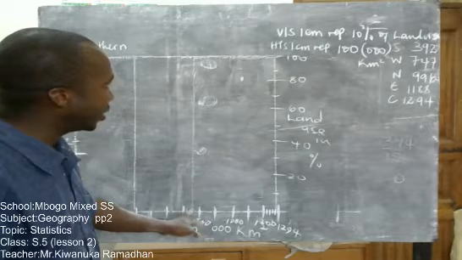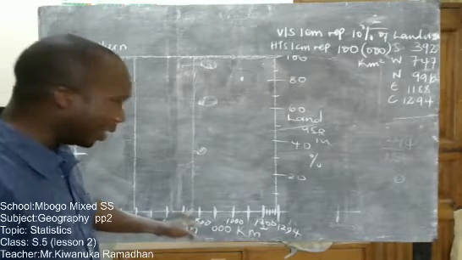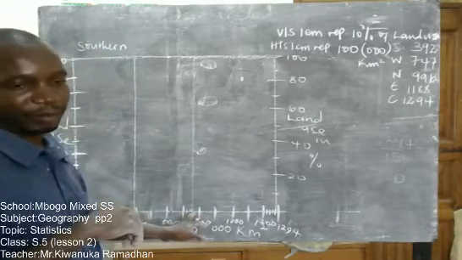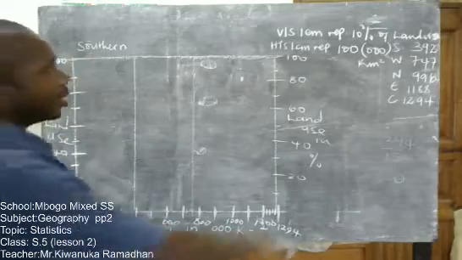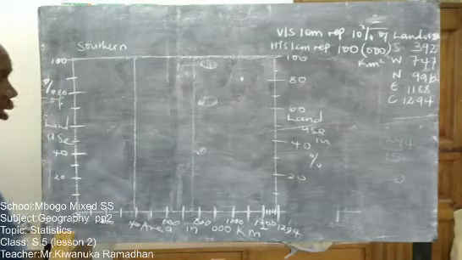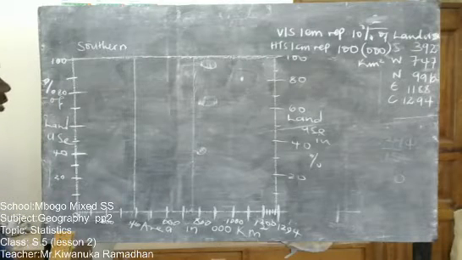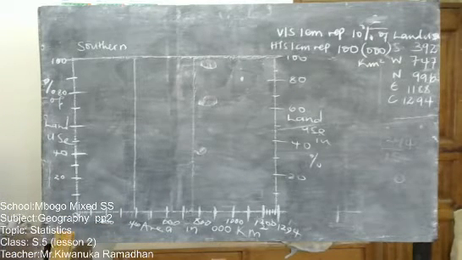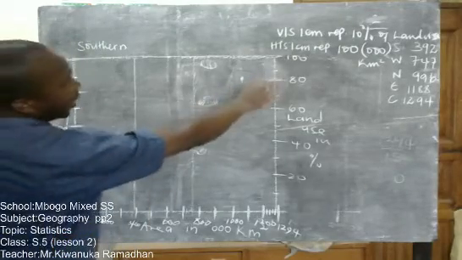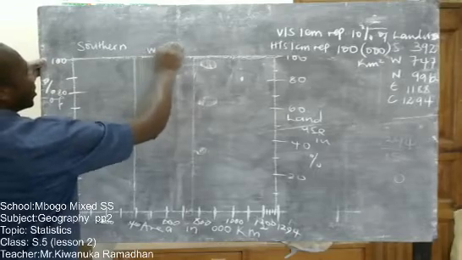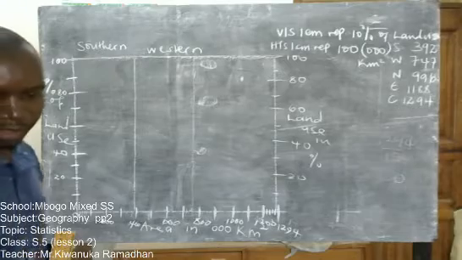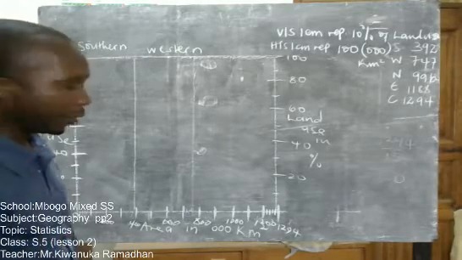Second box, 740. Then we don't finish the third box, but we plot in between because it is 747. Two small boxes give us 740. Then in the third box, we put in the middle. That is western.